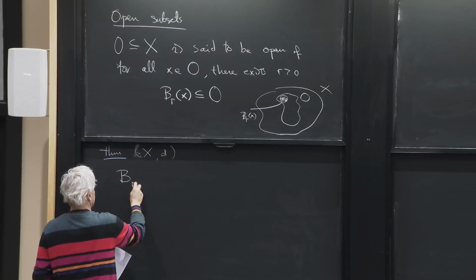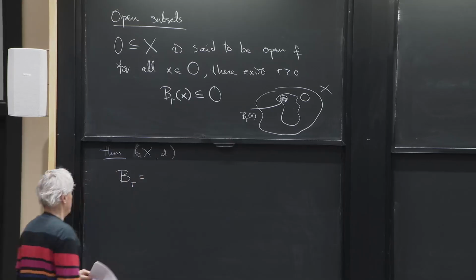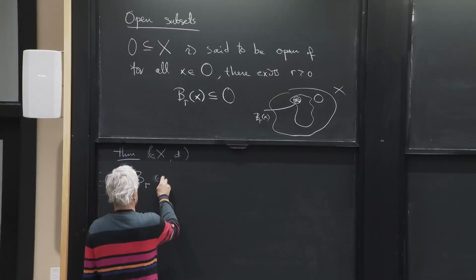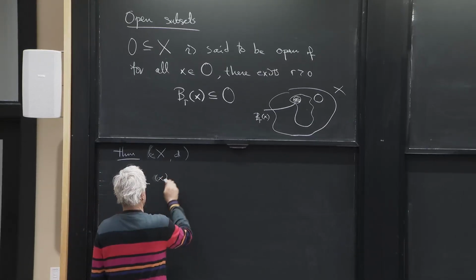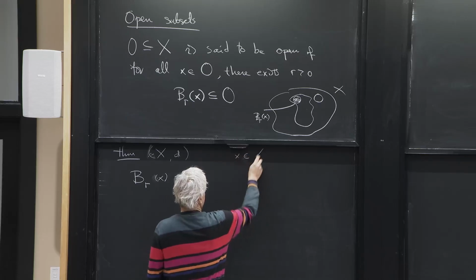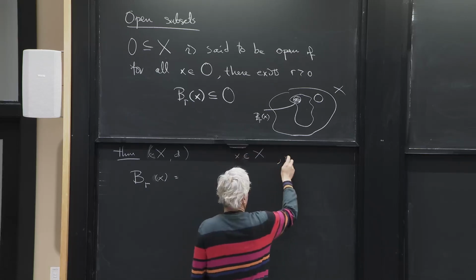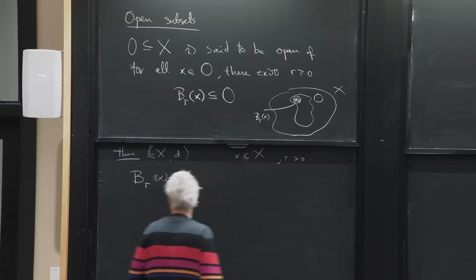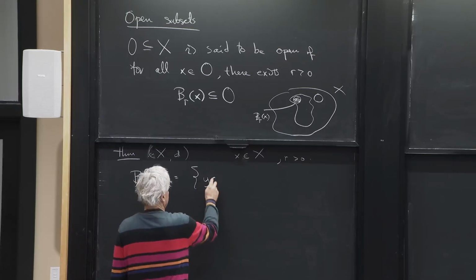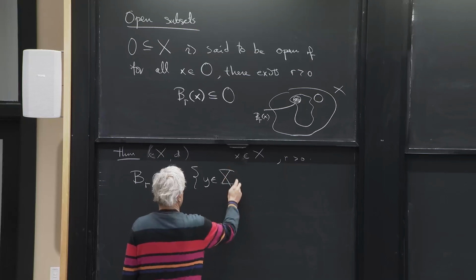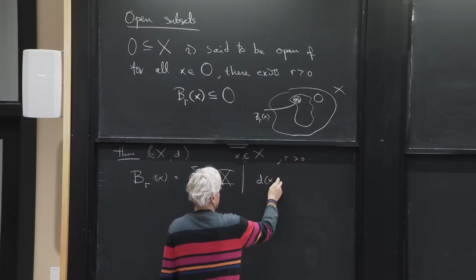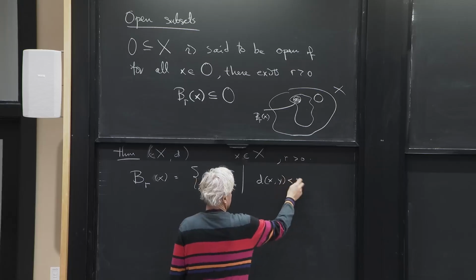Then we defined the ball B_r(x), where x is in X and r is some positive number, as the set of y in X such that the distance from x to y is strictly less than r.